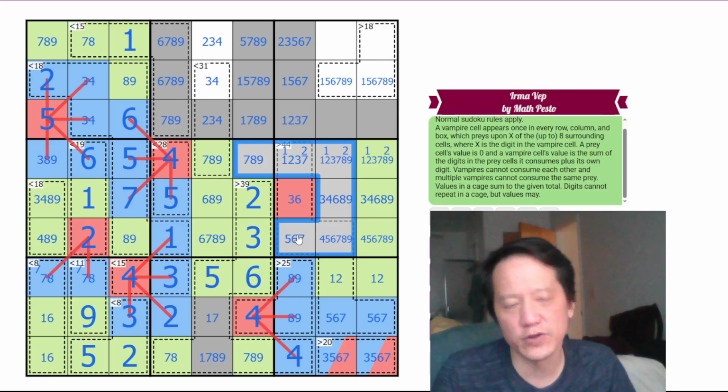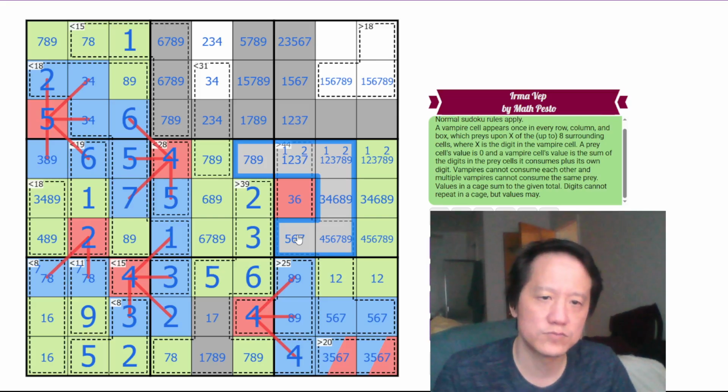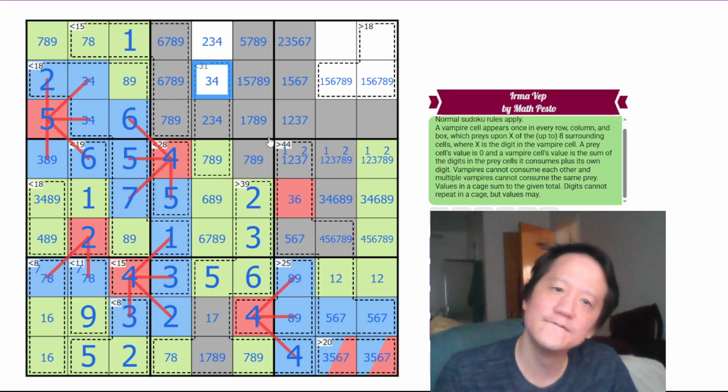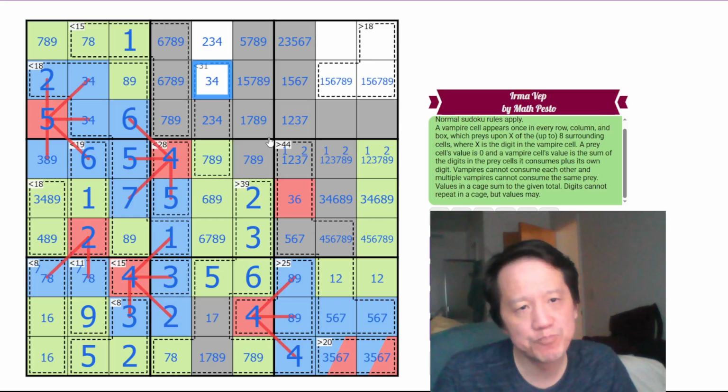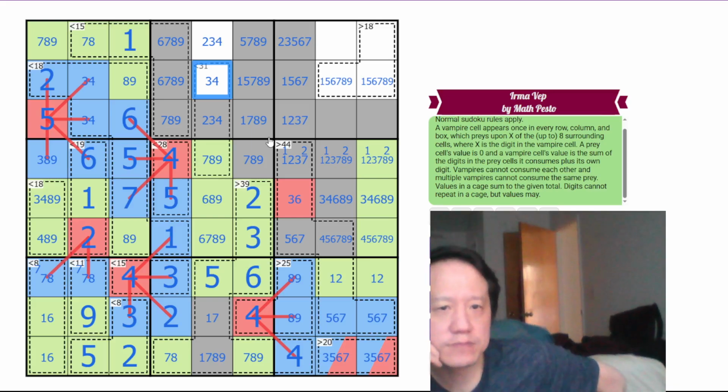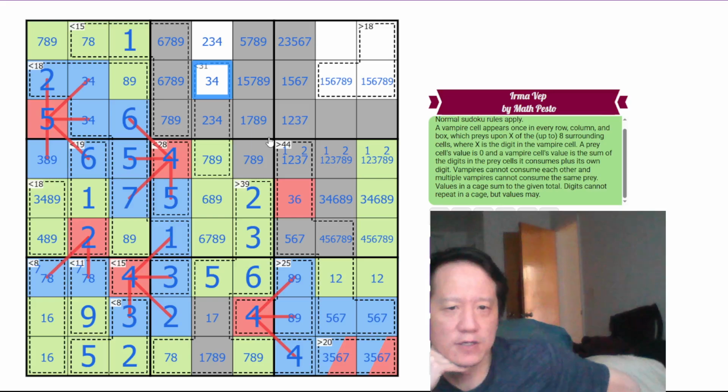And that would be fine. This is less than 31. That's not really restrictive there.